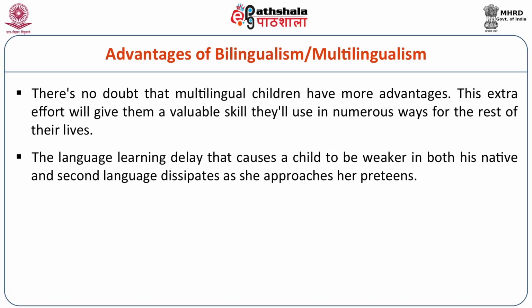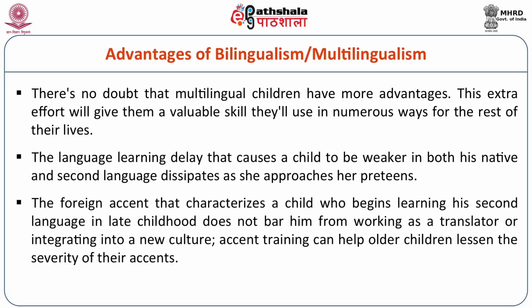After a matter of some years, she may gain control over both languages. The foreign accent that characterizes a child who begins learning a second language in late childhood does not bar him from working as a translator or integrating into a new culture. Accent training can help older children lessen the severity of their accents.